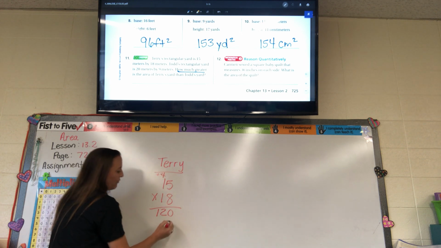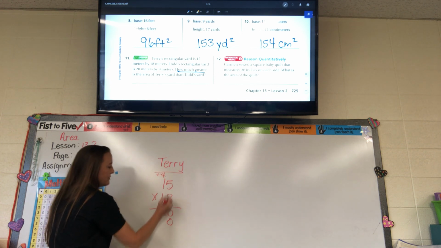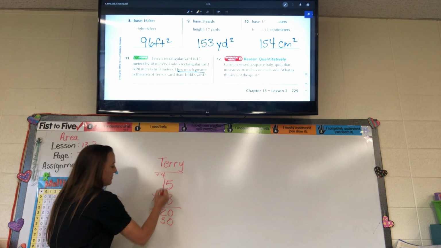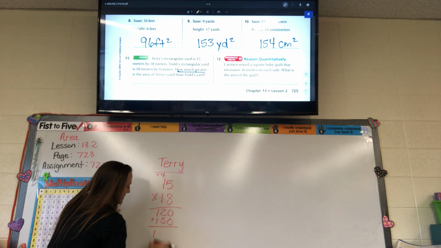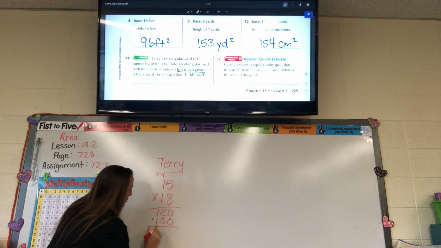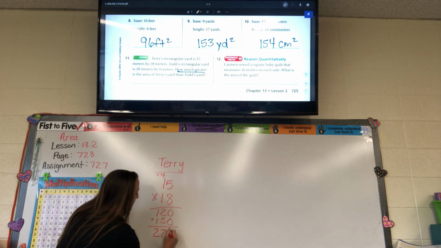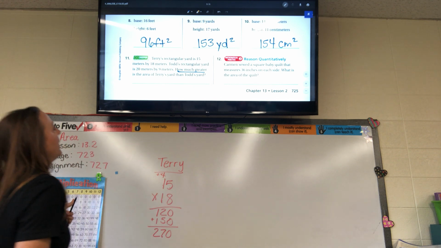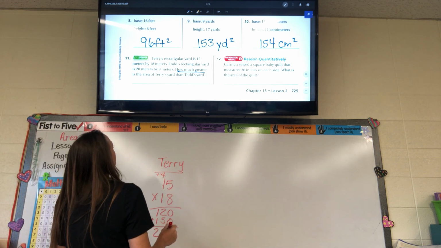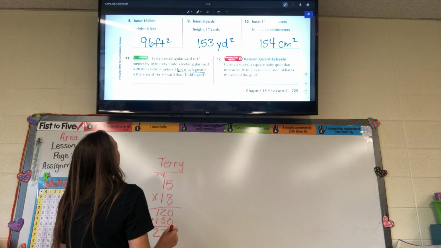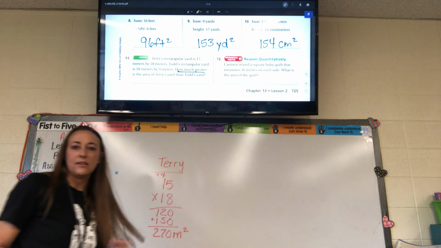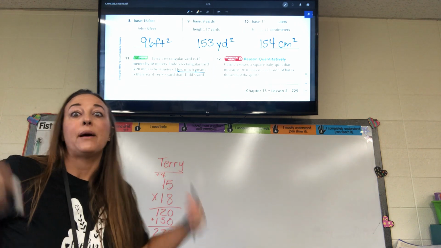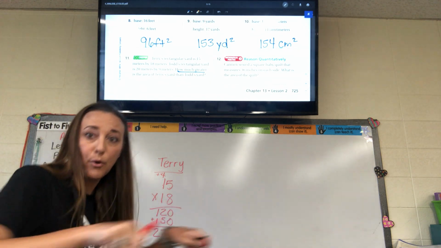Okay, cross out that 4, 0 placeholder. 1 times 5 is 5. 1 times 1 is 1. Stack them and add them, and we get 270 meters squared. I saw that they were talking about yards, but they're talking about their actual yard, like lawn mowing yard.